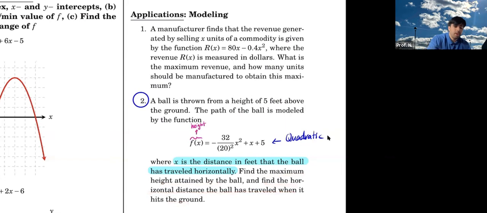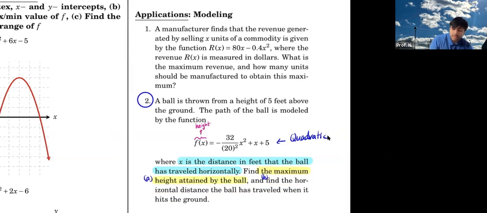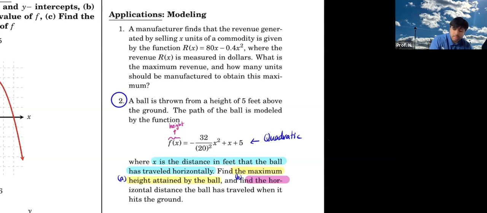So this is really like a two-part question. This is part A, and this is part B. The maximum is part A, and part B is to find the horizontal distance.